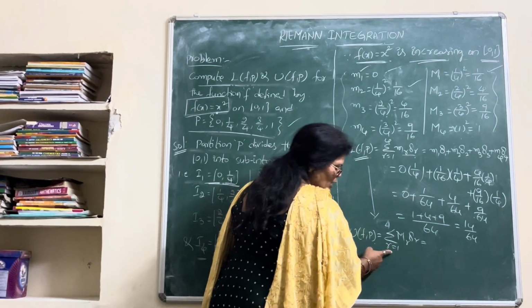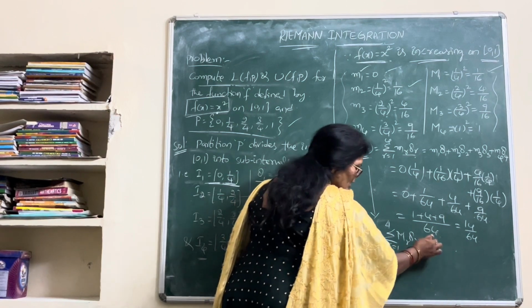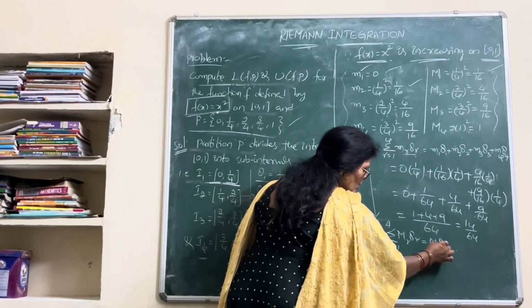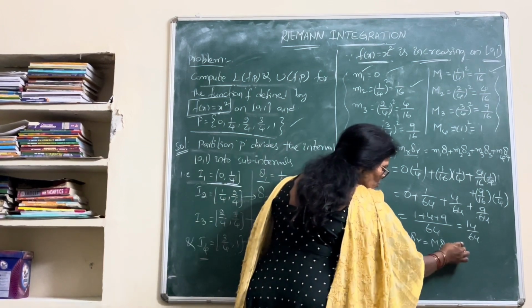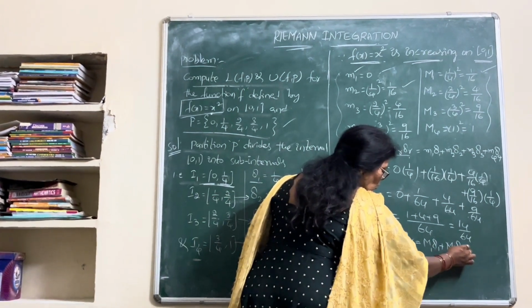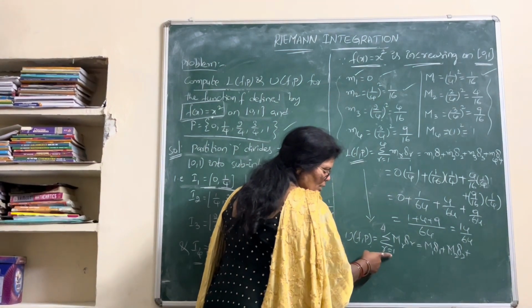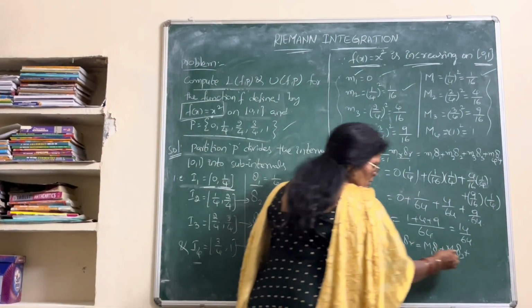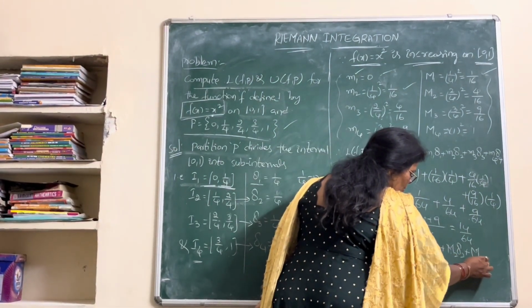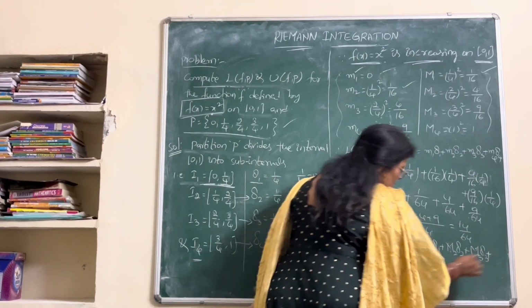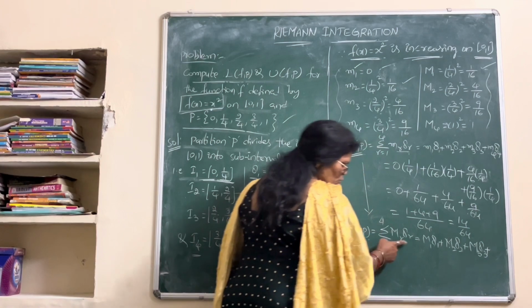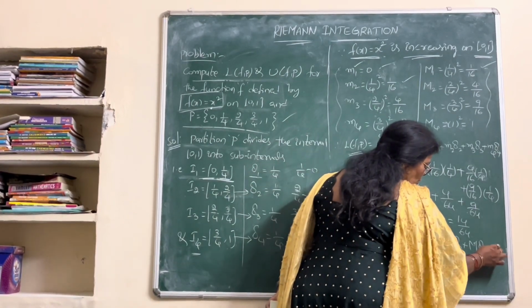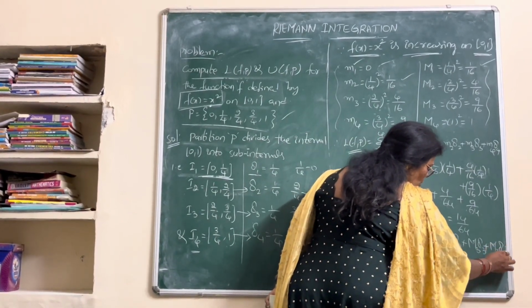First I am substituting r equal to 1 in this, capital M1 delta 1, plus next I am substituting capital M2 delta 2. I am substituting now r equal to 3. Then we can write M3 delta 3, plus again the last one, r equal to 4, you should substitute here, M4 delta 4.